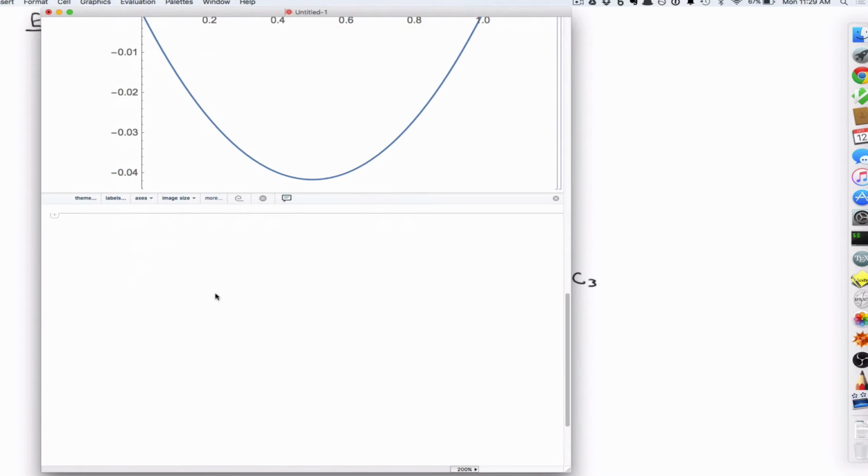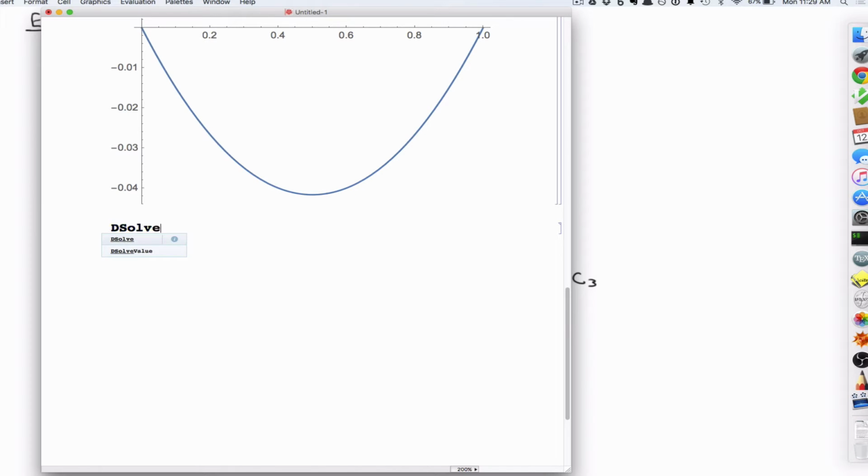So if we go DSolve, minus d squared u of x with respect to x squared minus u of x plus x squared equal to 0, u 0 equal to 0, u 1 equal to 0.